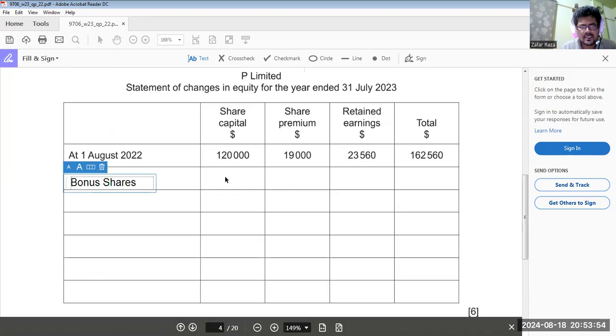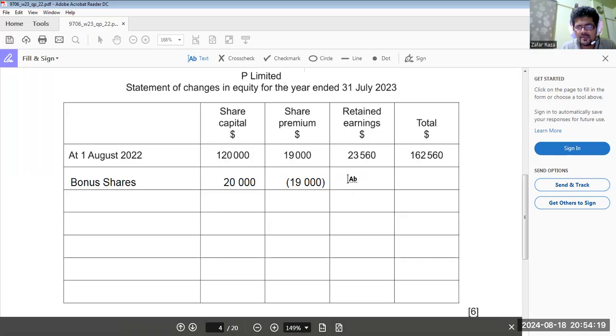Share capital would be increased by 20,000, but we are not going to receive anything. So we will settle through share premium, but share premium is only 19,000, and we have to settle 20,000.